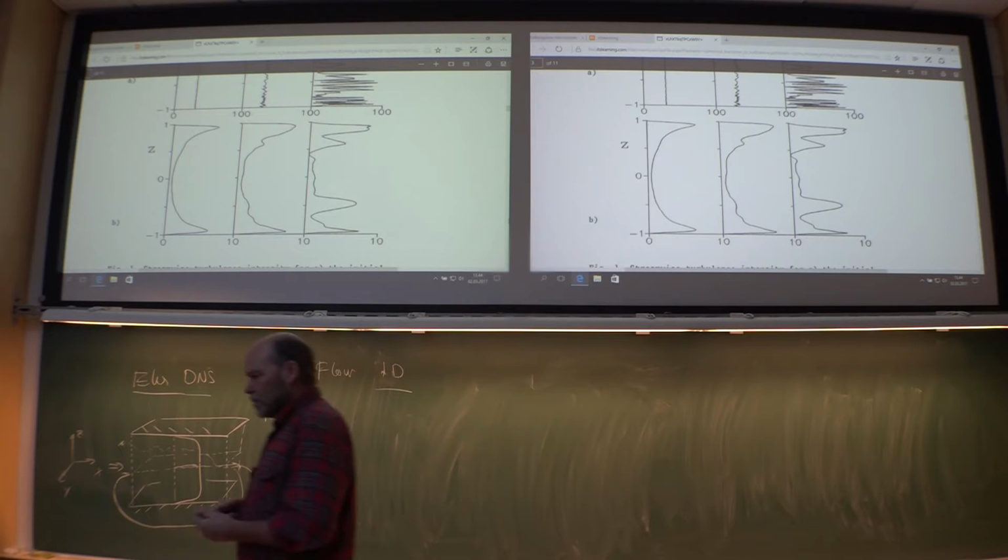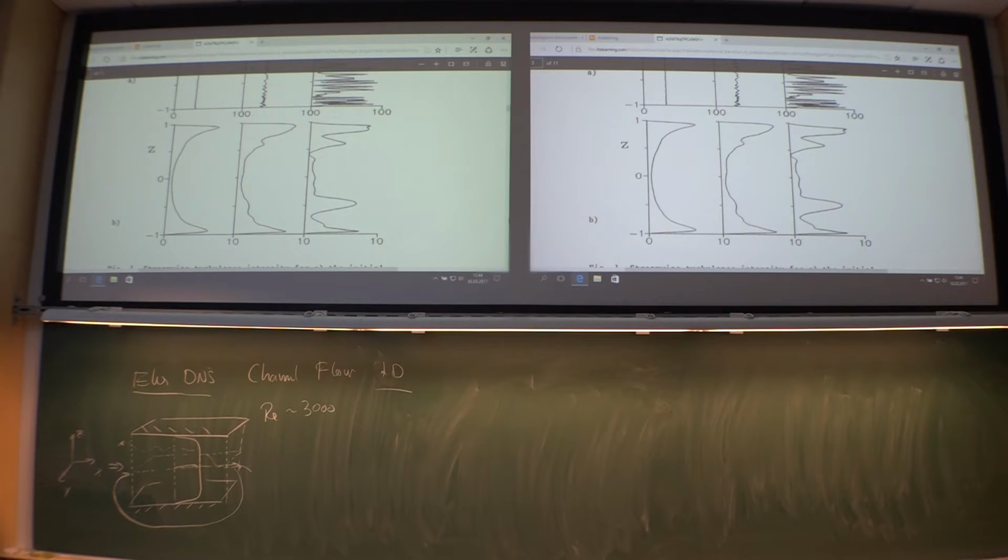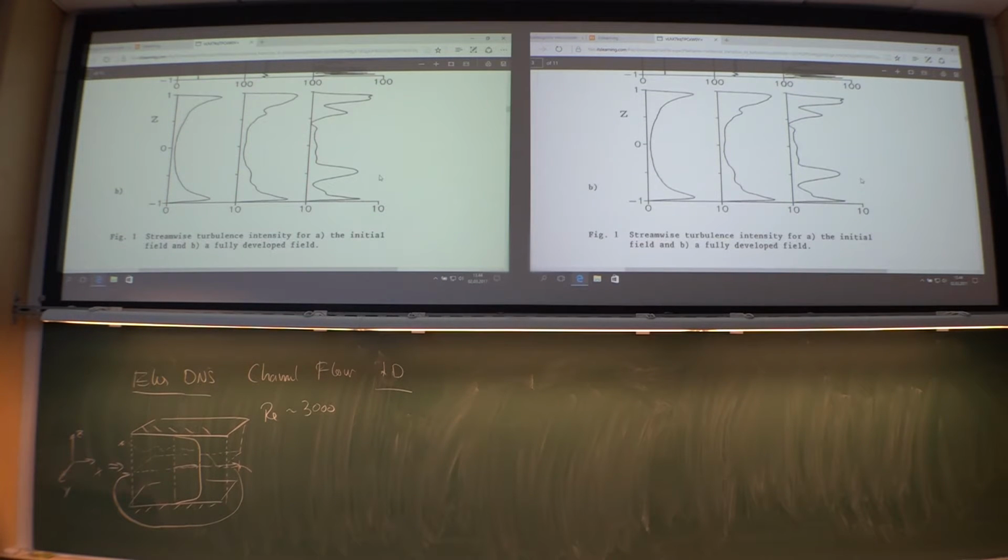So to achieve good statistics, you have to do many time steps as well. You can't just rely on one single solution here. So you need a lot of sampling, as we called it, a lot of averaging, many solutions of the Navier-Stokes.